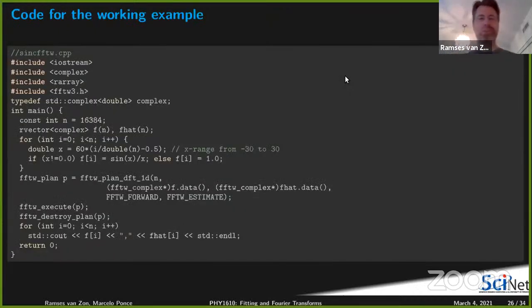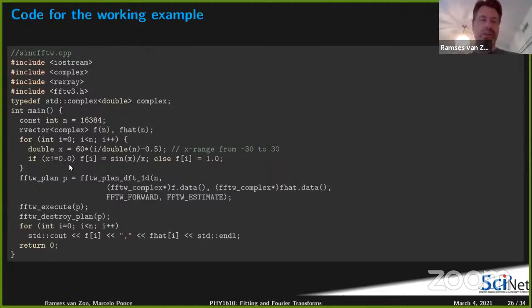So here's our code, creating my f and f hats with n elements, filling the values. I don't really need the x values here, so the x scales are going to be unknown, just integers from 0 to 16,384. But I do need to compute the x values and then compute sine x over x, which is the sinc function.